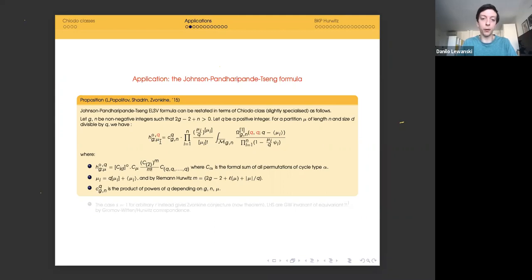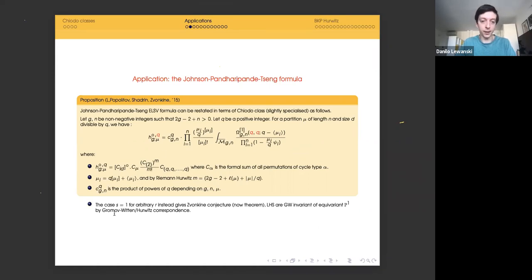And over the point infinity, you have a profile of the type q, q, q, q, q. So this is the parameter q that you need to insert into the Chiodo class. And in fact, you can give another proof of this formula using topological recursion. So this is a nice application, I think, of how topological recursion can do something for algebraic geometry.